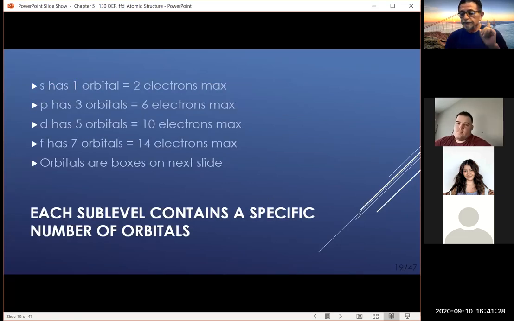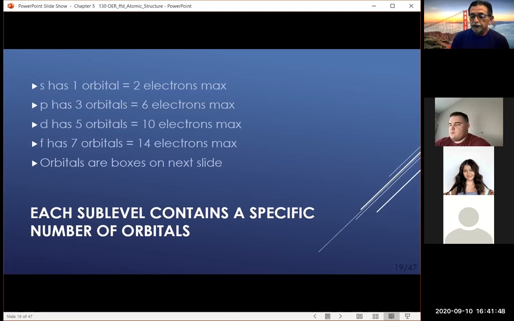Okay, now there's only one s orbital, so it can hold a maximum of 2 electrons. Now, with respect to the p, there are 3 p orbitals, each one can handle 2 electrons, so there's a maximum of 6 electrons for the p.